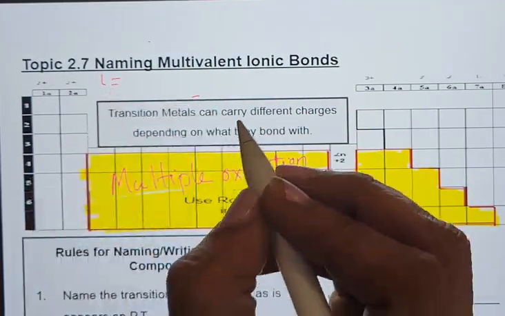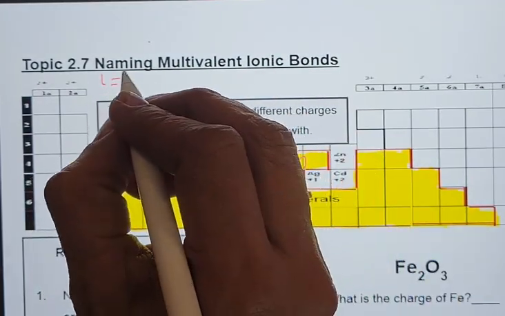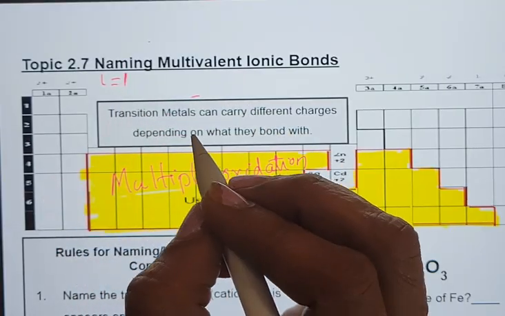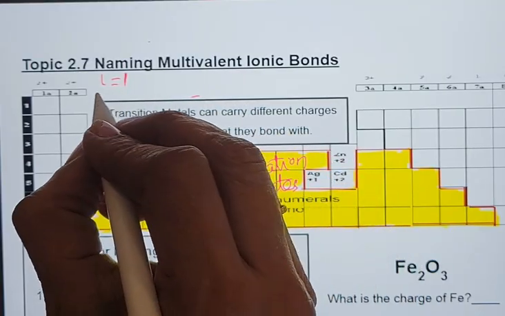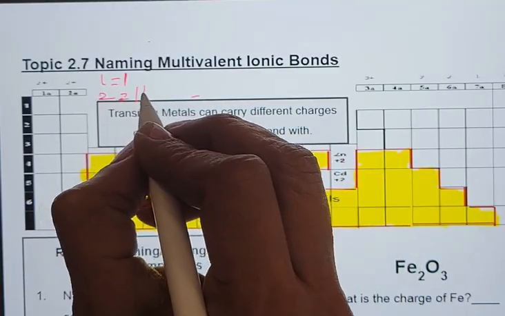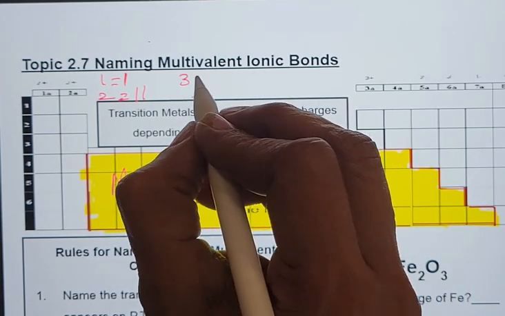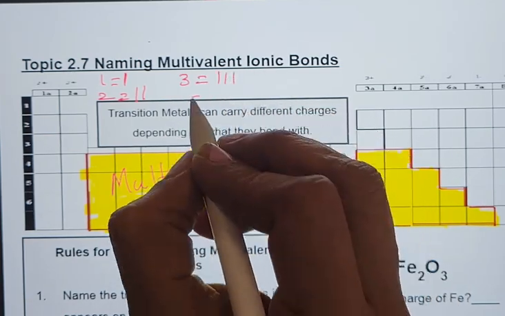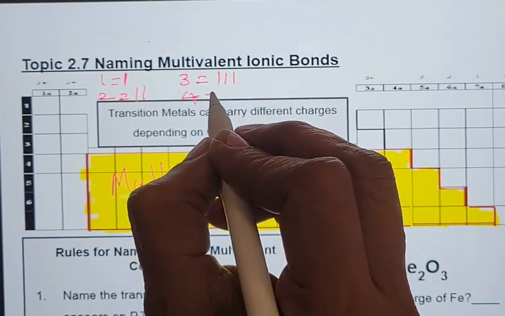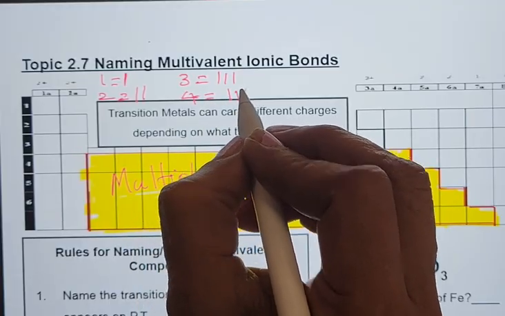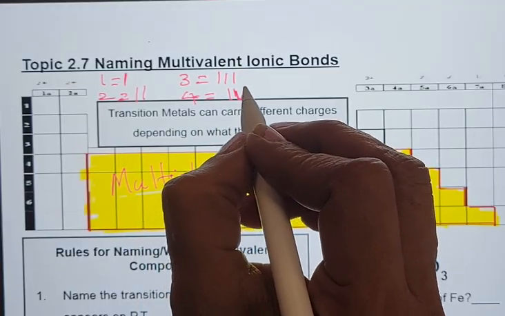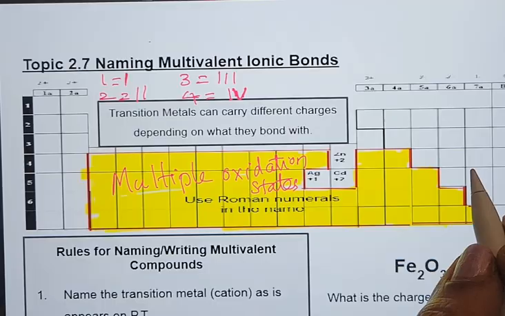1 will be I. It's like a big I when you are typing on a computer, okay? And 2 will be II. 3 will be III. And 4 will be IV, everything capital, if you are typing that on a computer.